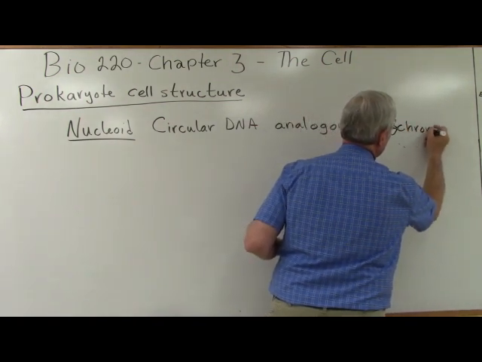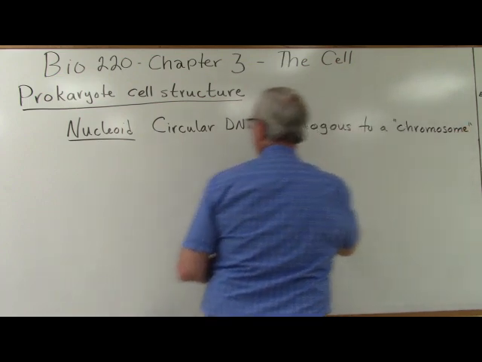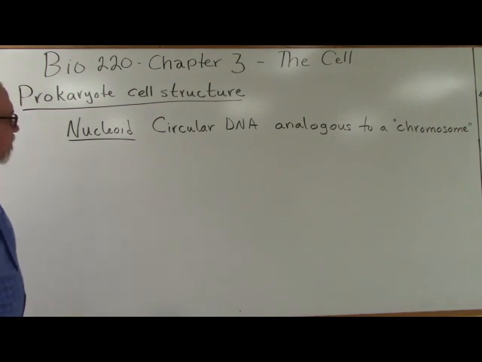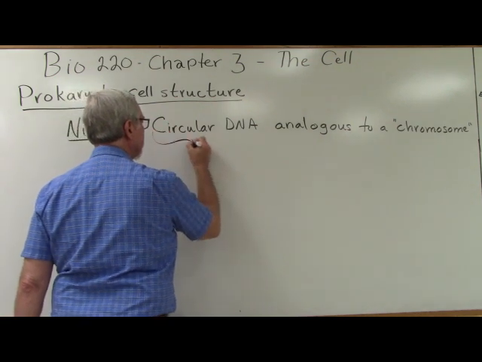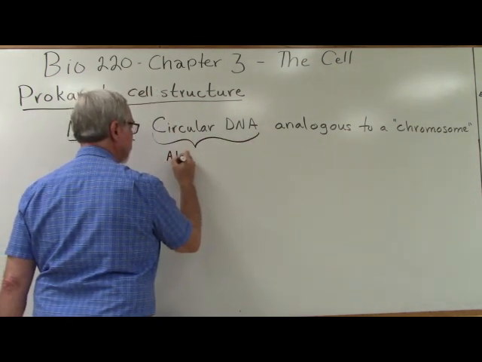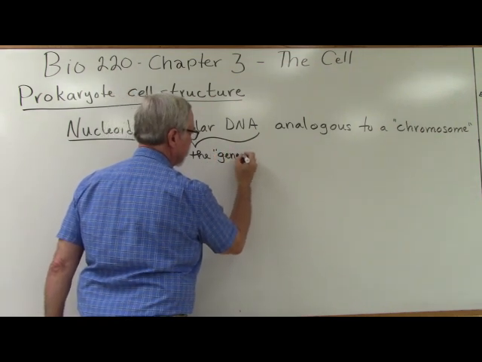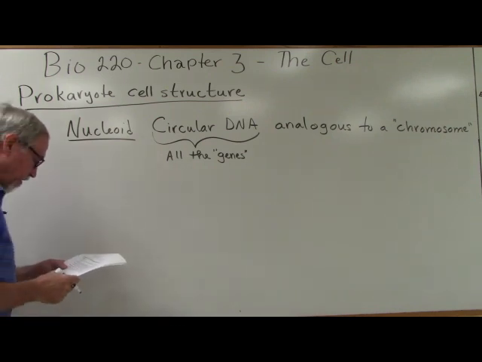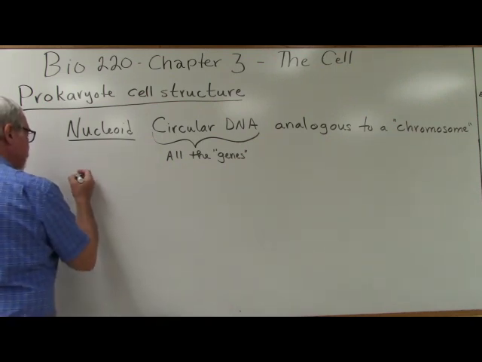All right, so this is where all the genes are that we just got done talking about that are transcribed and then translated into proteins. They are found on the DNA here. All right, so this is the genetic code. There are also some smaller bits of genetic code called plasmids.